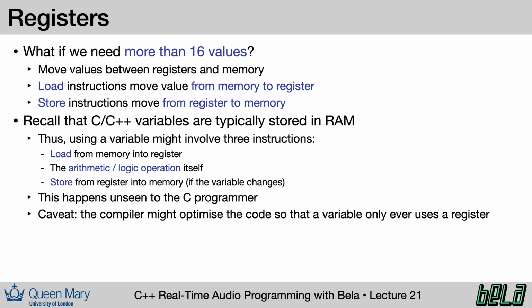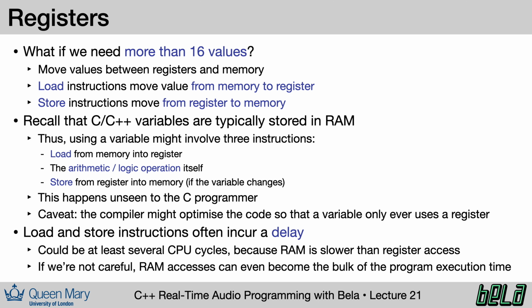A caveat, which is actually quite useful, is that the compiler might optimize your code such that your variables are only ever stored in registers. This is one reason why there's no penalty in a C program for declaring more names of variables as you go along. The compiler will work out the operations that need to be done. If you do need to use load and store instructions, these typically incur a delay, which might actually be considerably longer than the time it takes to actually do the mathematical calculations.